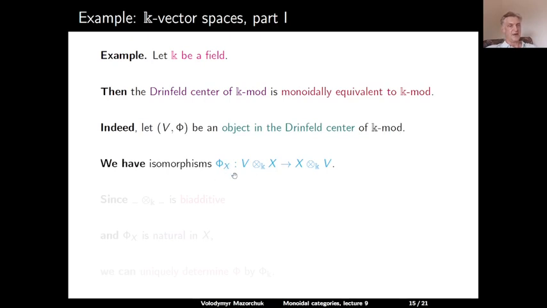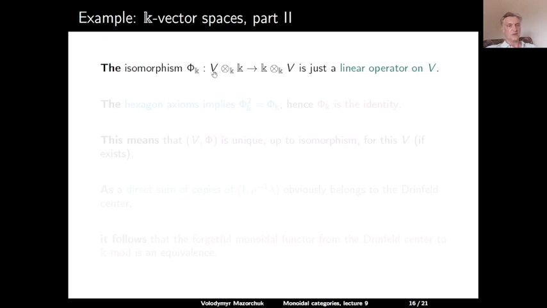This means that φ, evaluated at some vector space X, is an isomorphism from V⊗X to X⊗V. Since the tensor product over K is biadditive and φ is natural in X, we can uniquely determine φ by its value at the one-dimensional vector space K. So φ is uniquely determined by φ_K. So we have an isomorphism φ_K from V⊗_K K to K⊗_K V, and this can be naturally identified with a linear operator on V.